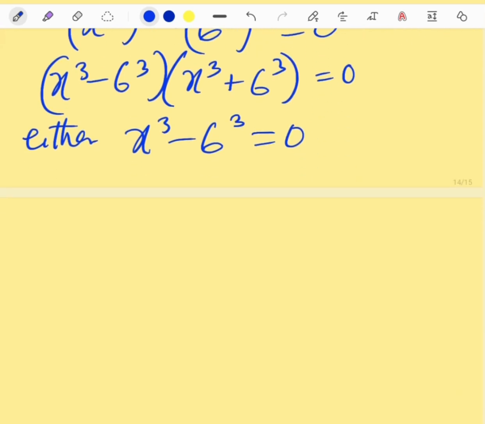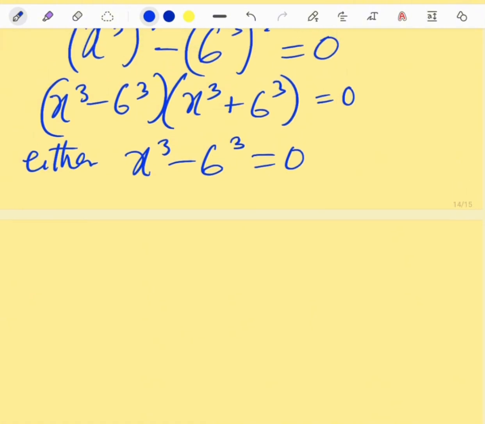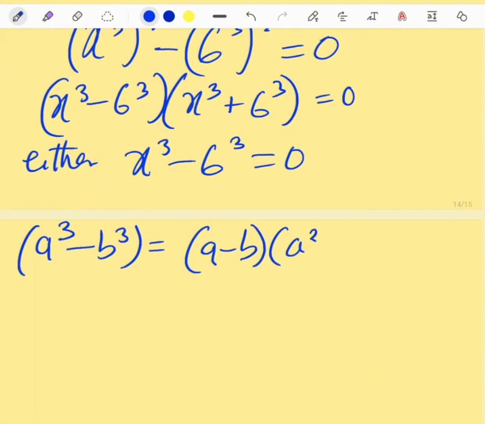For the first one, when you have a minus with powers, you should know the difference of two cubes: a power 3 minus b power 3 is the same thing as a minus b into a squared plus ab plus b squared.